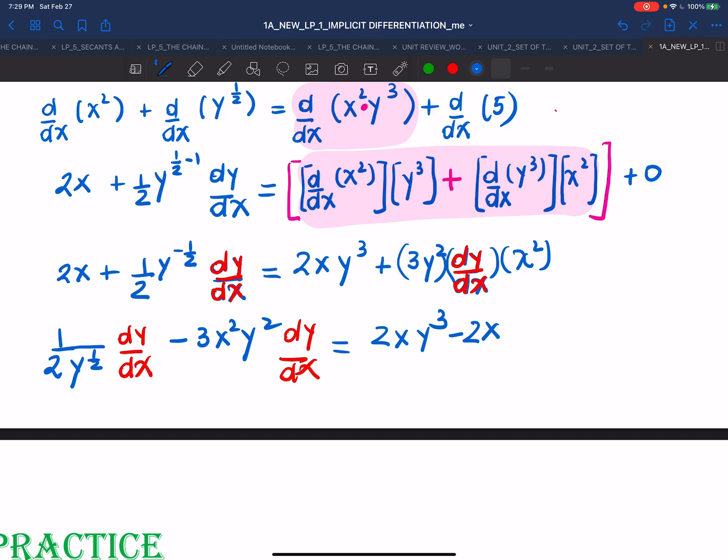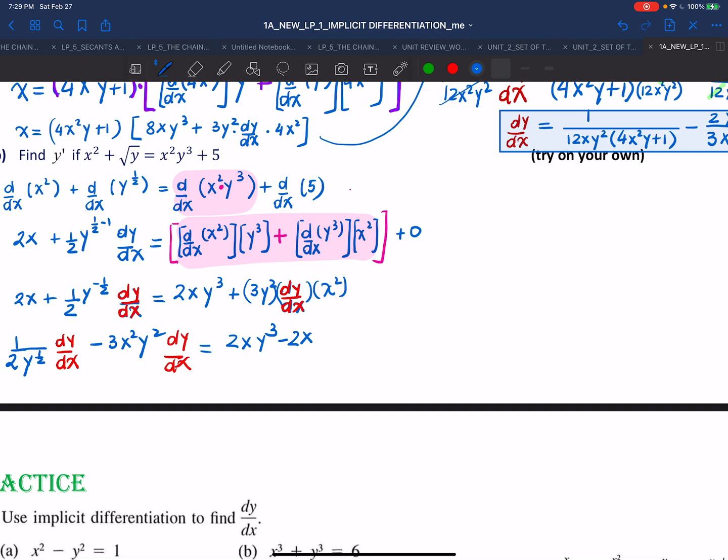We'll factor the dy dx term. So we'll have dy dx equals, you can either solve right away or you can see what the factor is in here. So 1 over 2 y to the power of 1 over 2 minus 3x squared y squared equals 2x y cubed minus 2x.